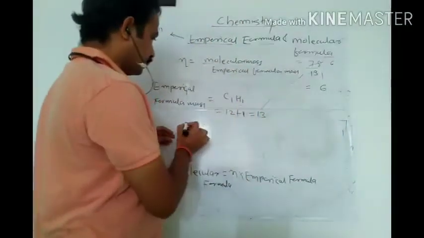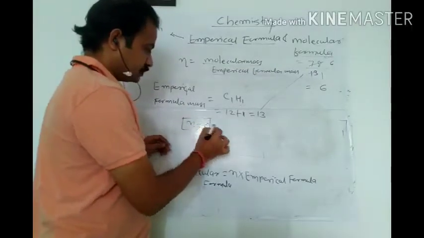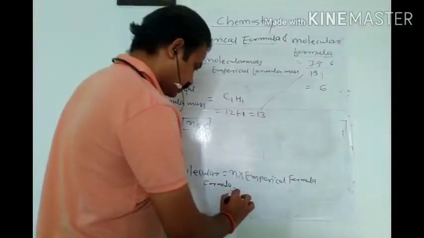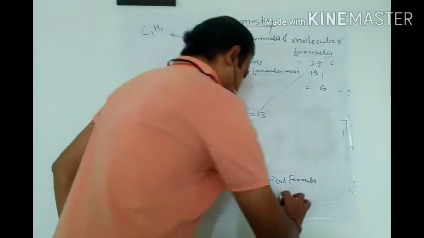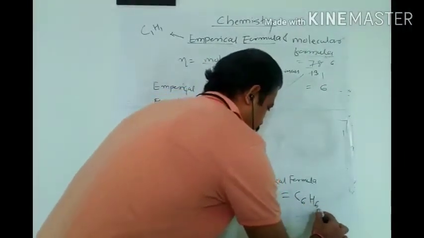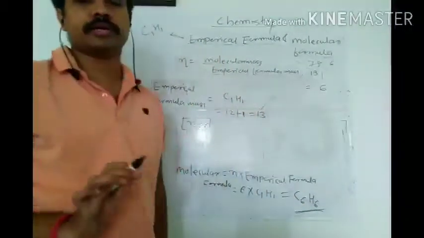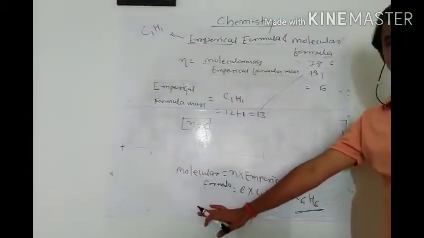So the value of N I got is 6. Now just put the value here, it becomes 6 into C1H1. So finally the molecular formula becomes C6H6. This is how you can write down the molecular formula of a given compound.